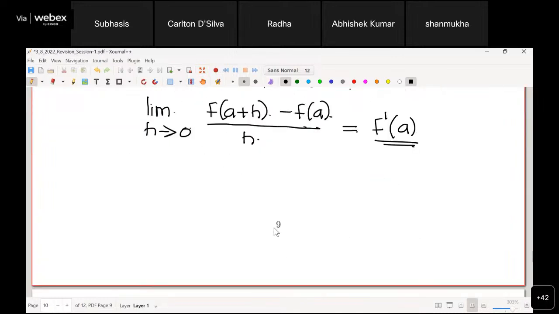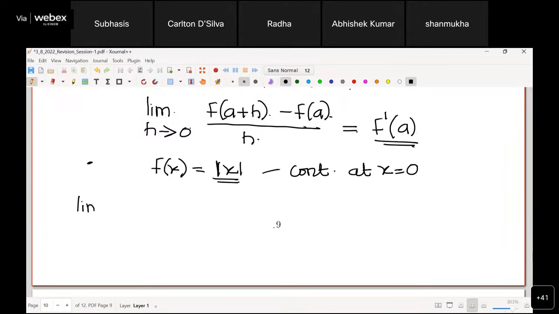So for example, if you take the function f of x is equal to mod of x. Okay, this function is continuous at x equal to 0. But you can check the derivative, that means if you compute this limit.